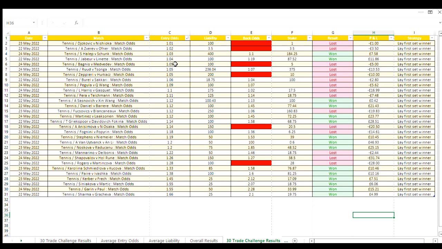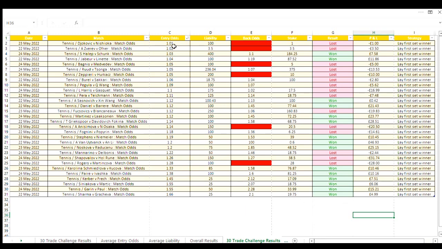Did it again at 1.04. We won. You heard the surprise in my voice there. Did it again at 1.05. Didn't win. Didn't get matched at all. Another couple at 1.05. So you can clearly see that just by putting this small filter on here, I'm able to have a look at the overall results and see what happened.